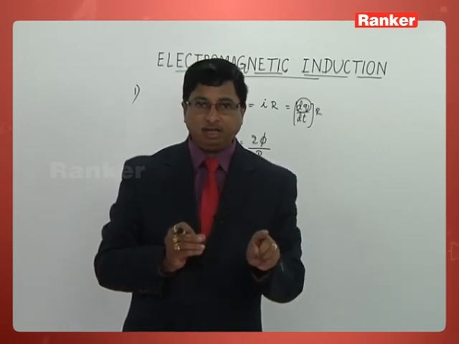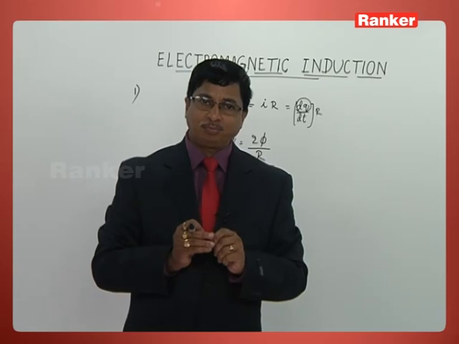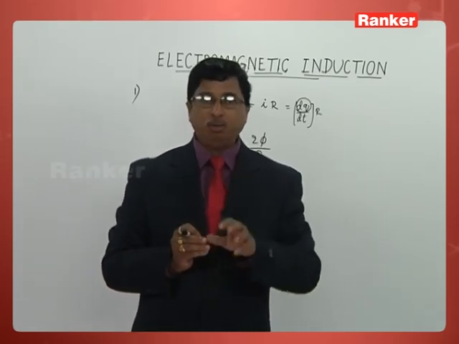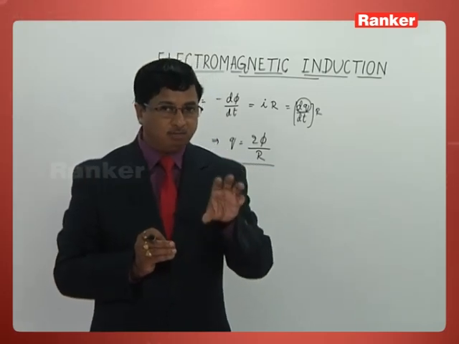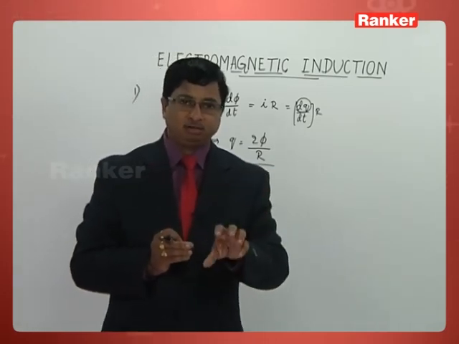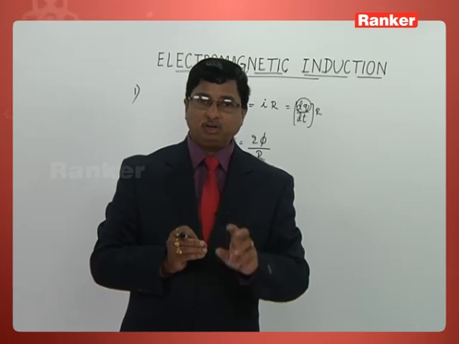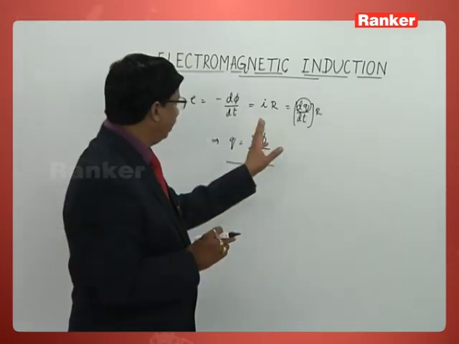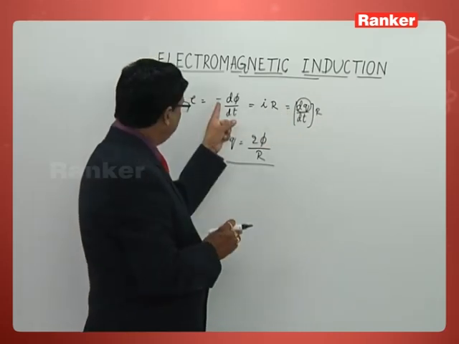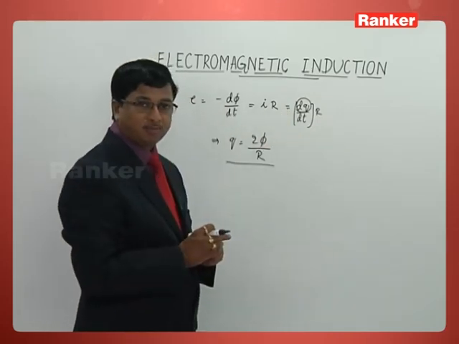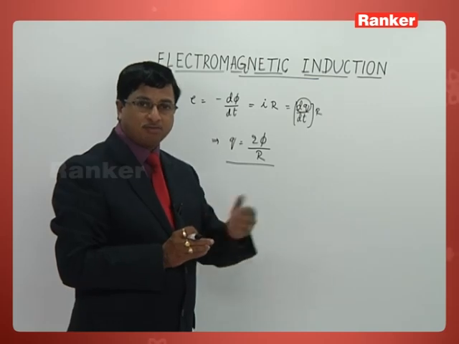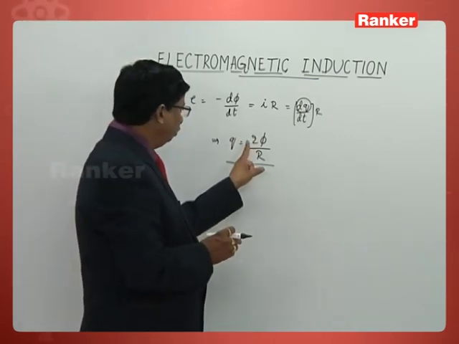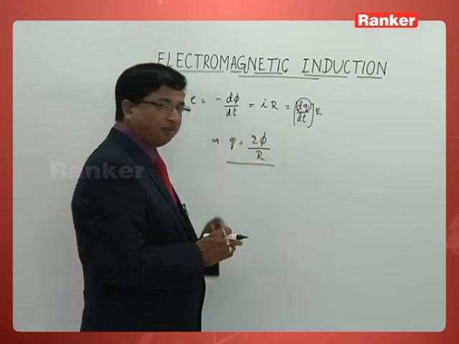That is phi 2 minus phi 1, where the final flux is minus phi and the initial flux is phi. So it now becomes minus 2 phi, minus 2 phi by R. But there is already a negative sign, and minus of minus becomes plus. So automatically you get 2 phi by R.